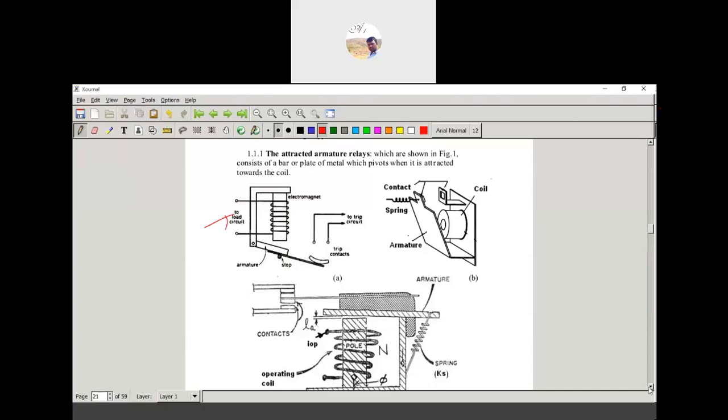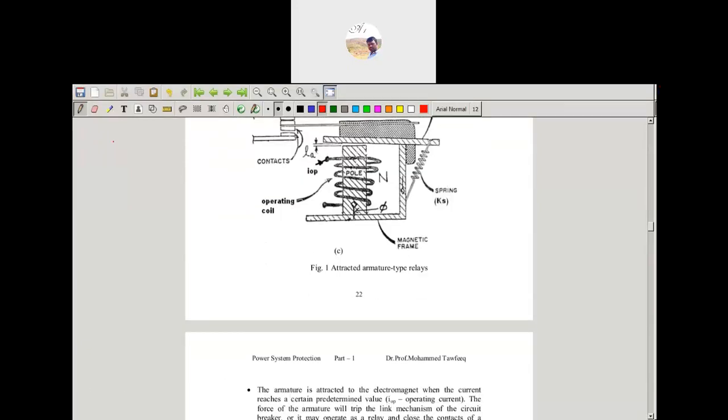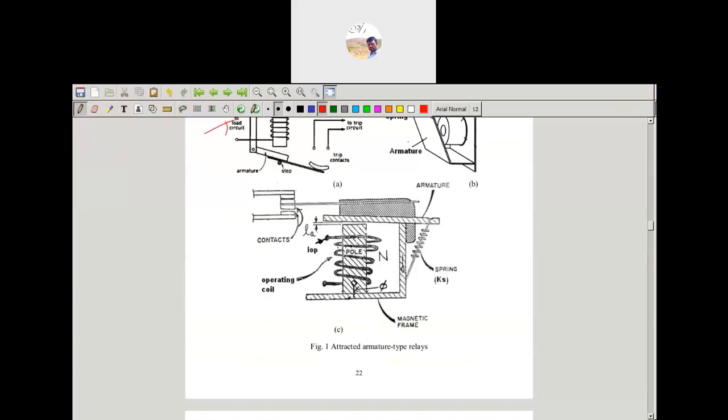And you can see the detail here. So this is the attracted armature type we are seeing. In the coil, the contacts are placed, and the electromagnet, and the spring will also play.